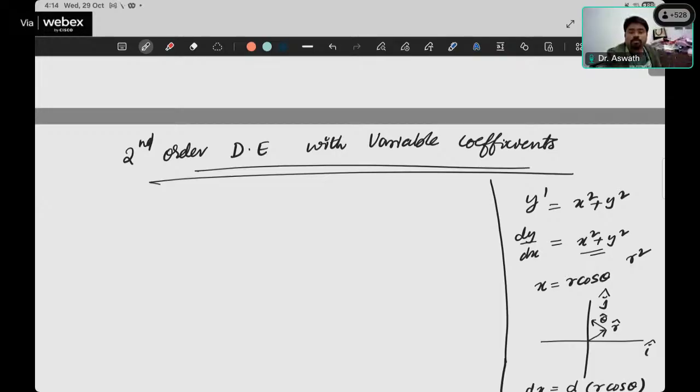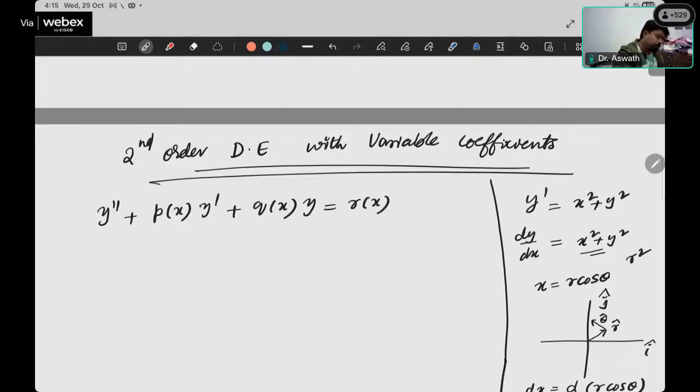Okay, so let's come back to differential equations with variable coefficients. Let me write down y double dash plus p(x) y dash plus q(x) y is equal to r(x).